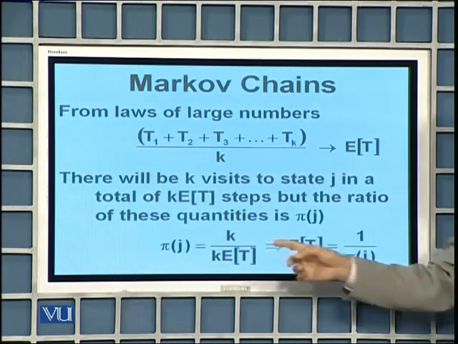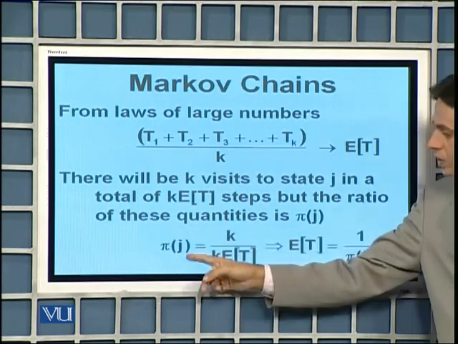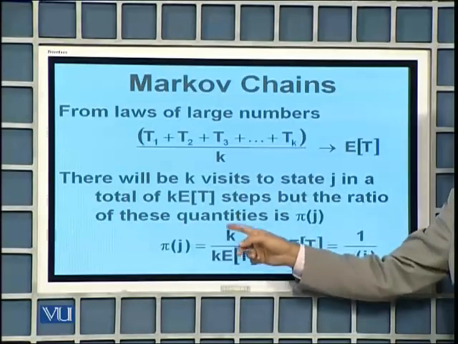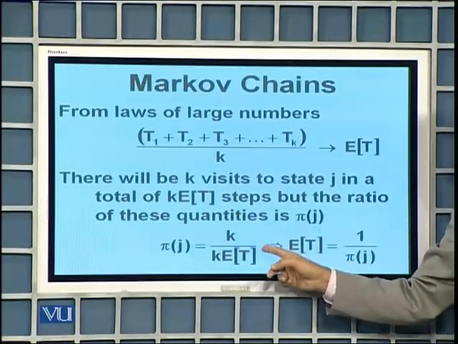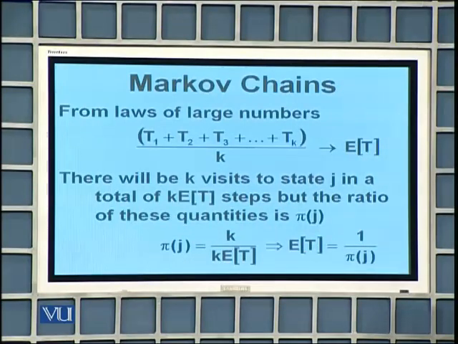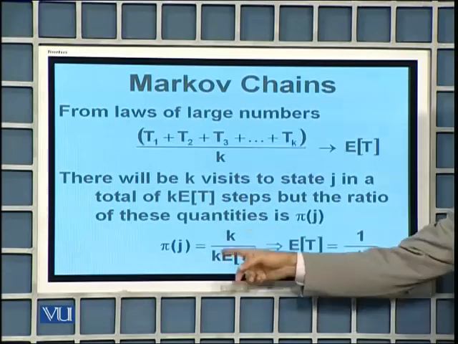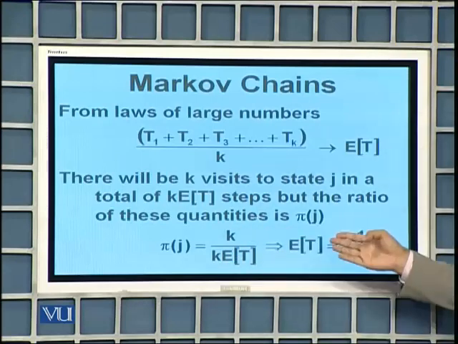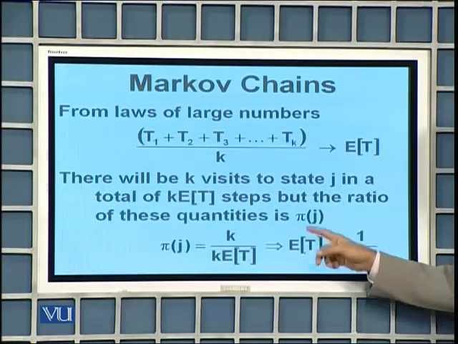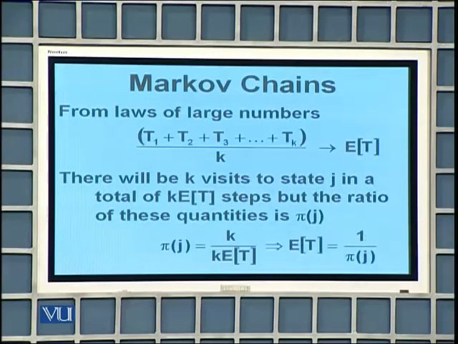So if we are working with state j, then the stationary probability associated with that state j is the number of times that state is visited divided by, on average, the total number of observations that lead to the k visits. Since k gets cancelled out, it's easy to see that the expected value of this return time is 1 over pi j.